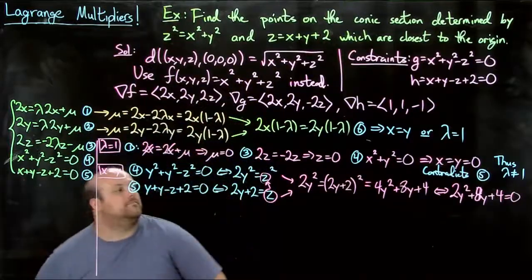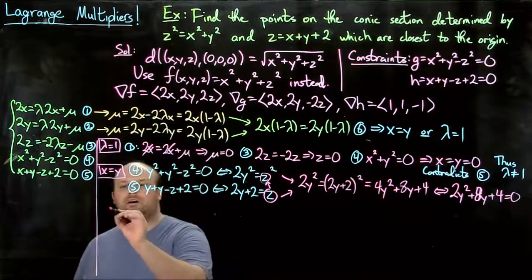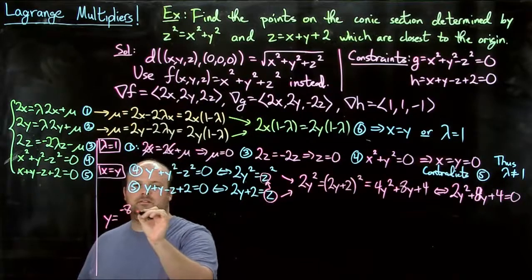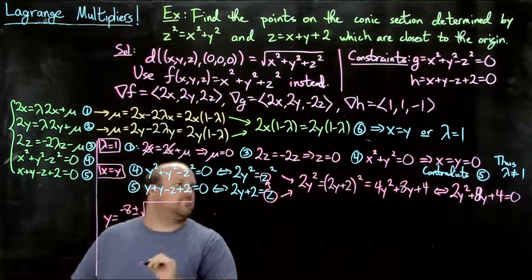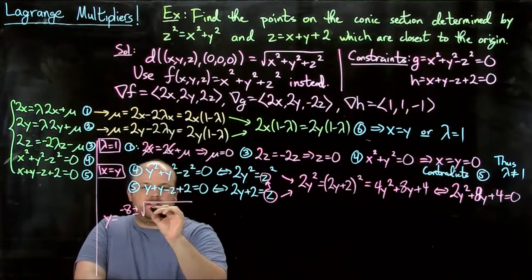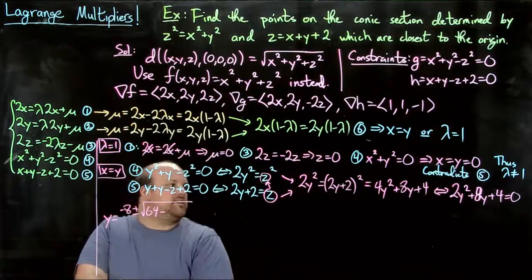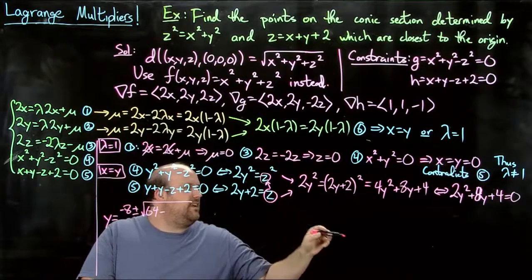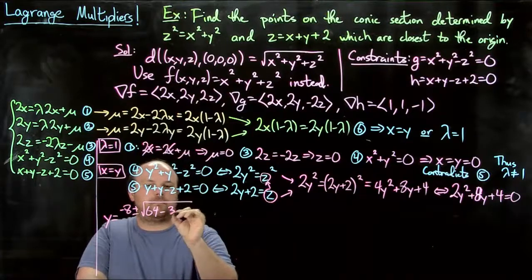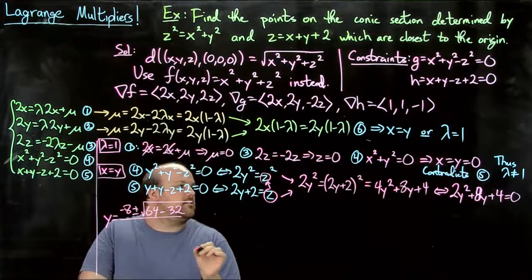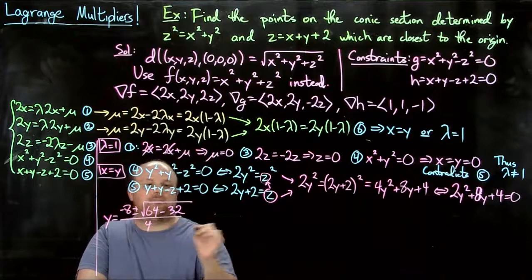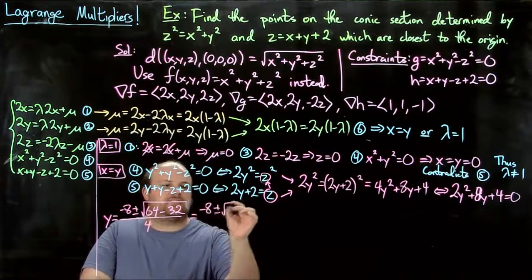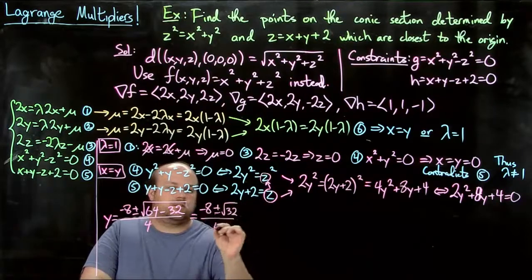So y is negative 8 plus or minus the square root of b squared, so 64, minus 4ac, so 4 times 2 is 8, times 4 is 32, and all of this is over 2a, so 4. So we have negative 8 plus or minus the square root of 32 over 4.